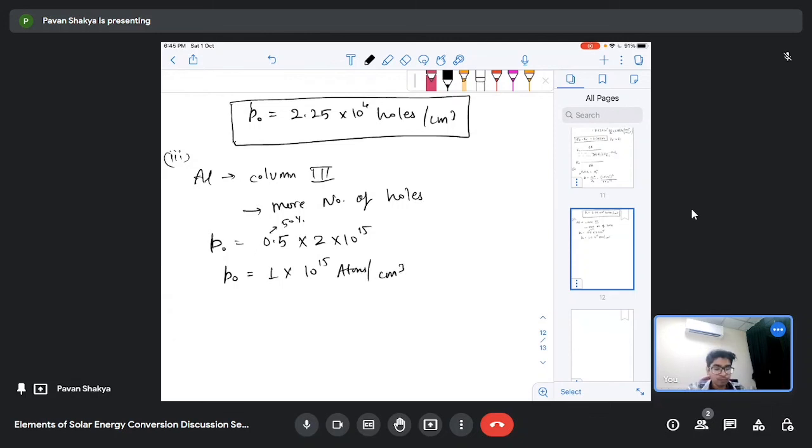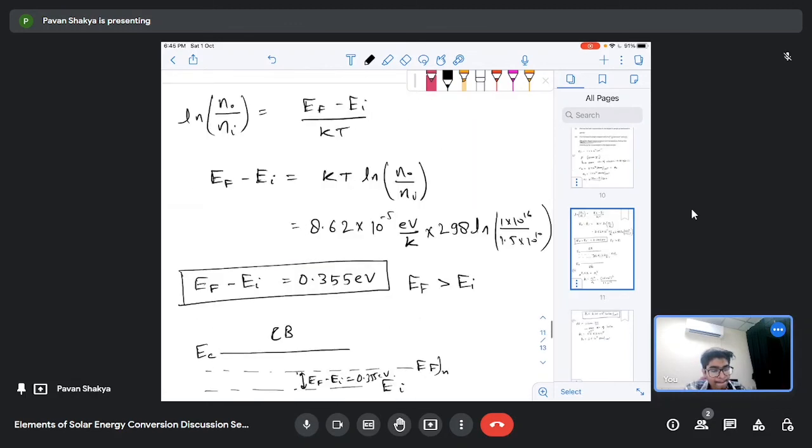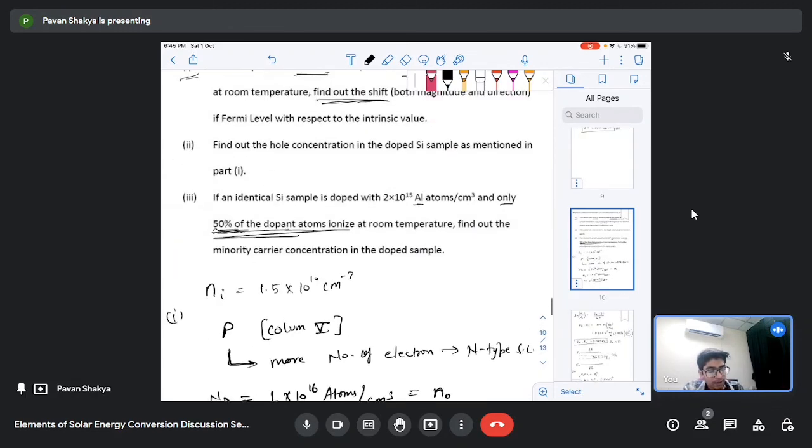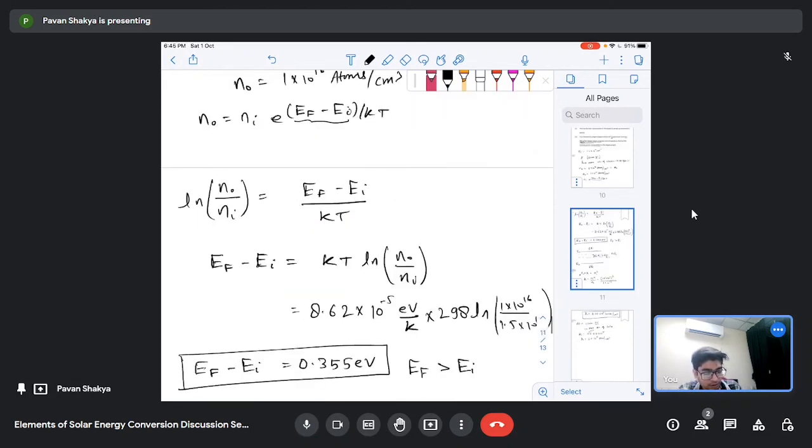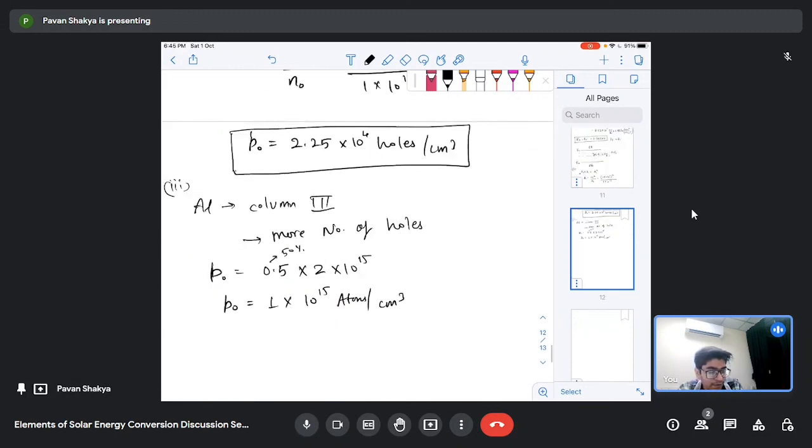Okay. Now, in the problem it has been asked that we have to calculate the minority carrier concentration. As I have told you, because of this aluminum doping, this will be a p-type semiconductor.